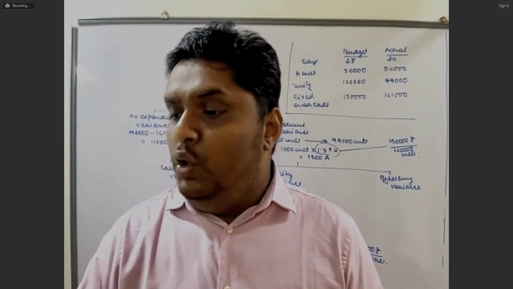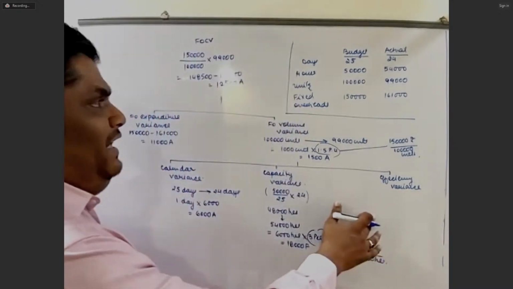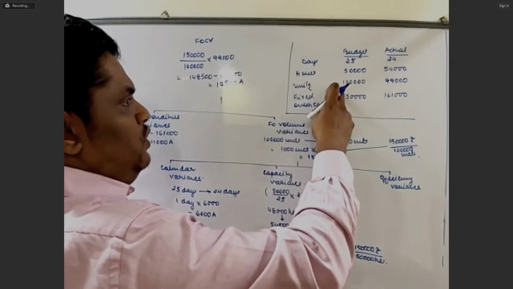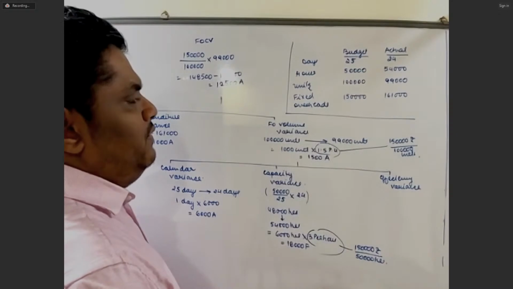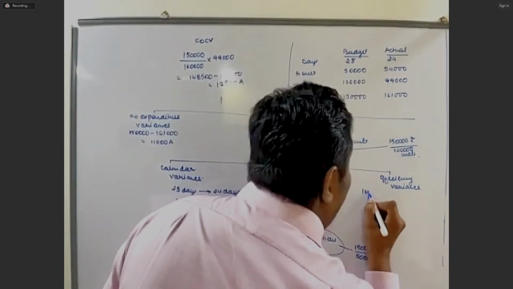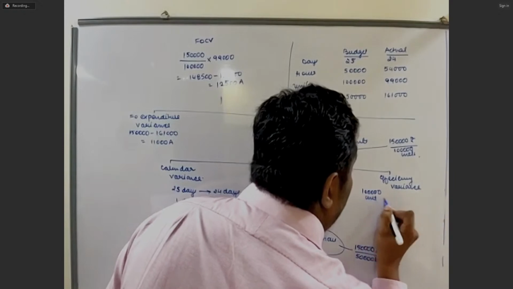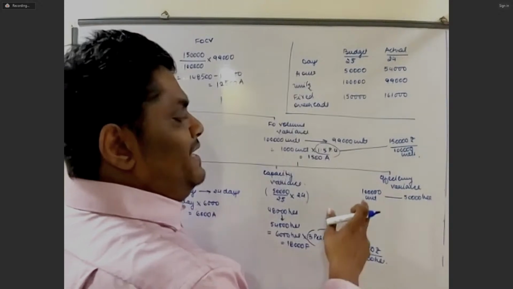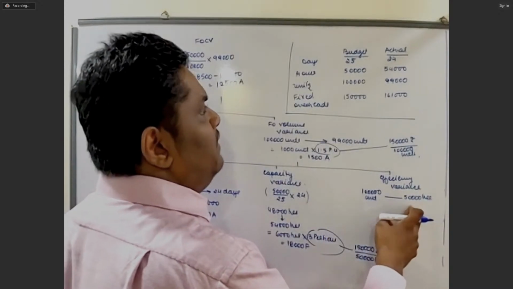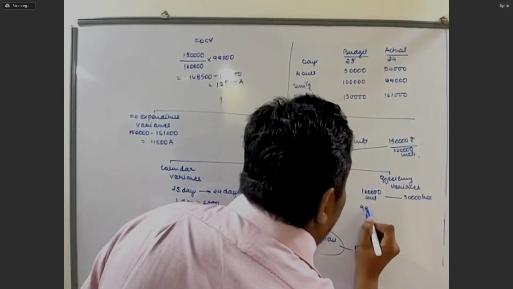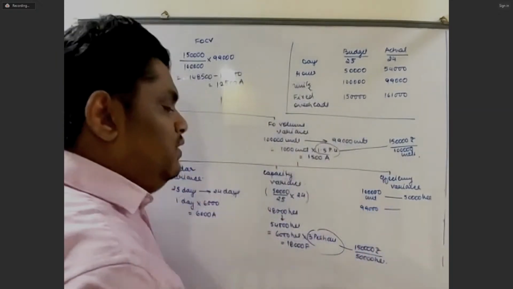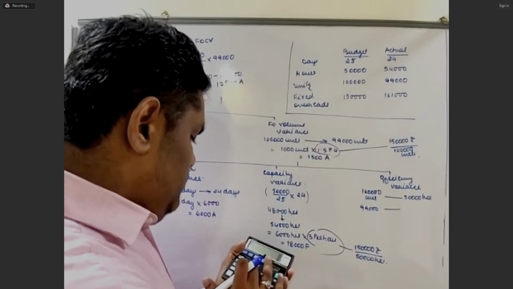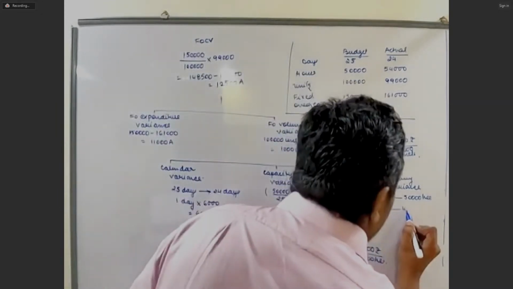So Arunima, do listen to this explanation carefully. You are finding difficulty in efficiency variance. So 50,000 hours, 1 lakh unit. It means 1 unit should take half an hour. So the actual production was 99,000 units. So these 99,000 units should take max to max how many hours? 49,500 hours.